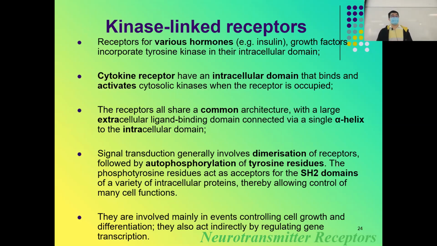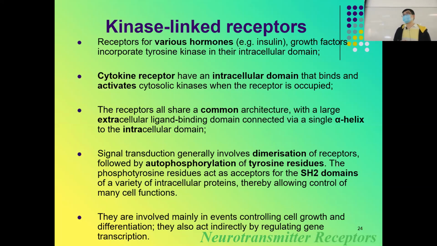After it's phosphorylated, the structure changes, and a protein with SH2 domains binds to the receptors. Once it binds, it triggers the secondary messengers, which control cell growth or differentiation.